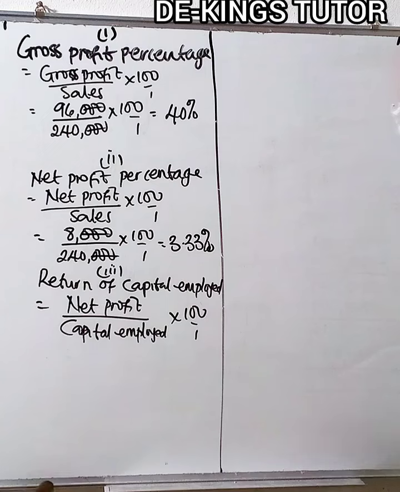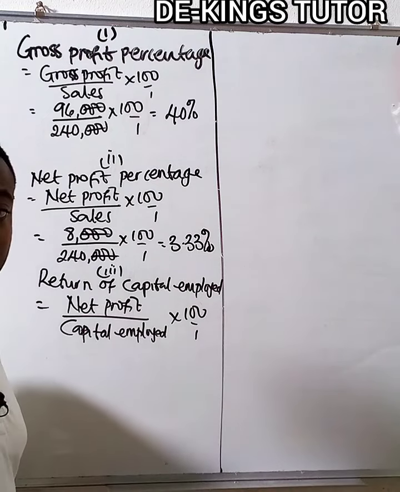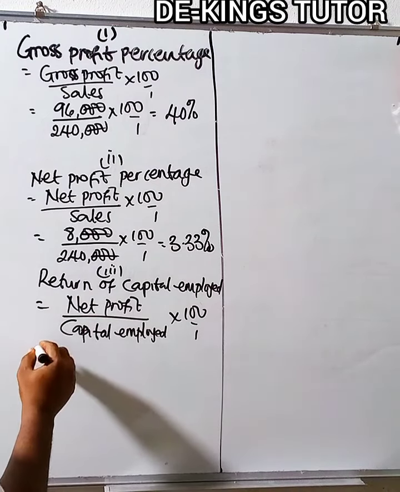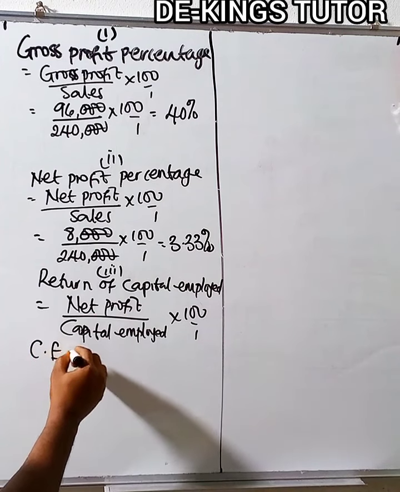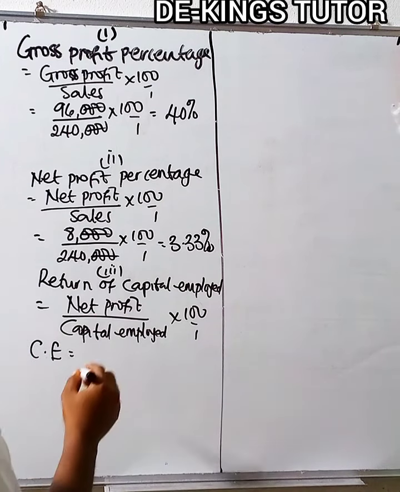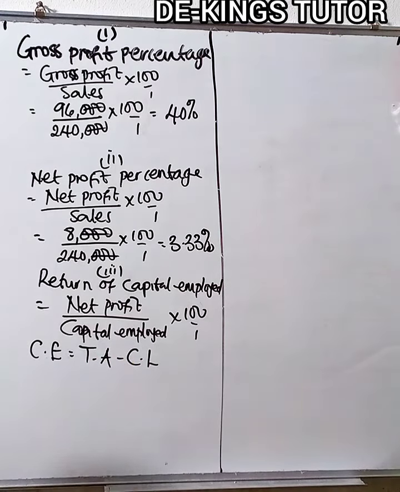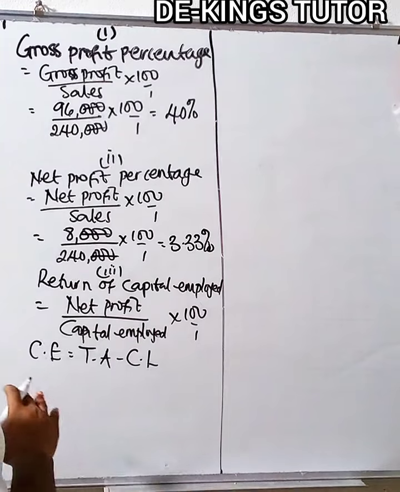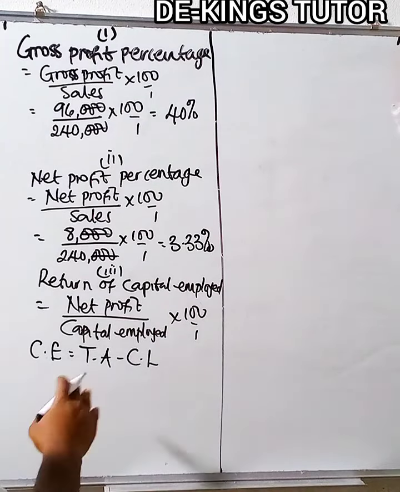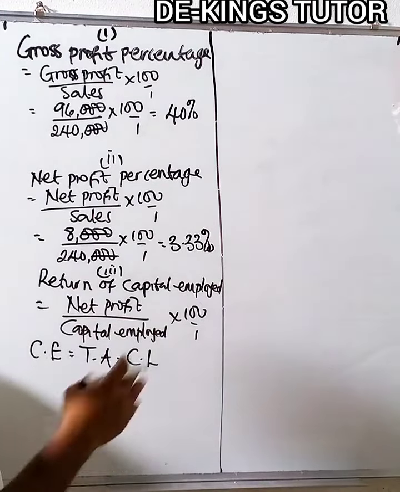But let's note that the capital employed is given as the total assets minus current liabilities. That's the capital employed, total assets minus current liabilities. So we have to know the capital employed before we can calculate the return on capital employed.